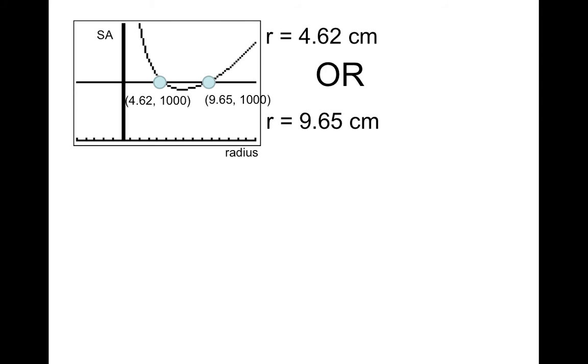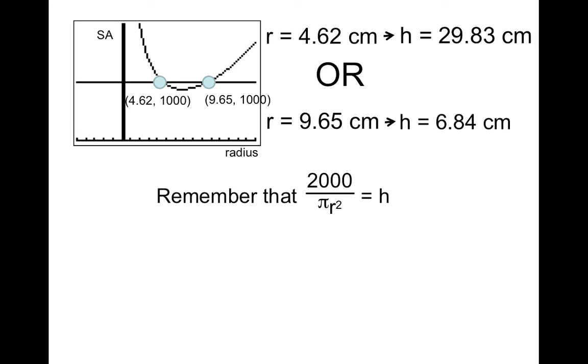We just need to think a little bit about what the height would be. And so if you look back through your notes, you do remember that we had this equation at some point. It's that converted volume formula that is good for this can. So I can plug these radiuses into that formula and I get heights that correspond to them. So they have a couple options here.